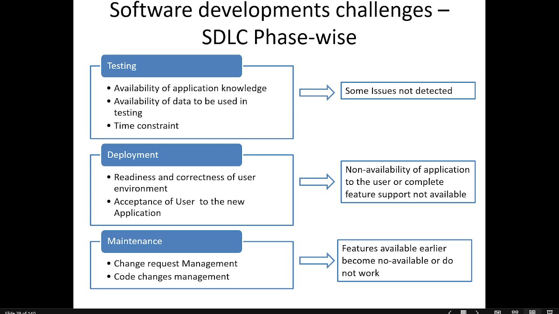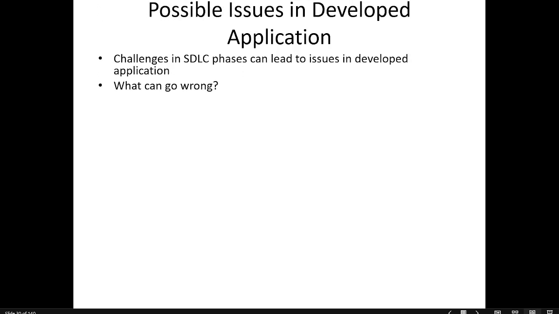But if these particular challenges arise, what will happen? Features available earlier become non-available or do not work. And if my regression test finds this particular problem, then the entire deployment has to be reverted and the entire development needs to be restarted. So these are the typical SDLC phases and challenges.